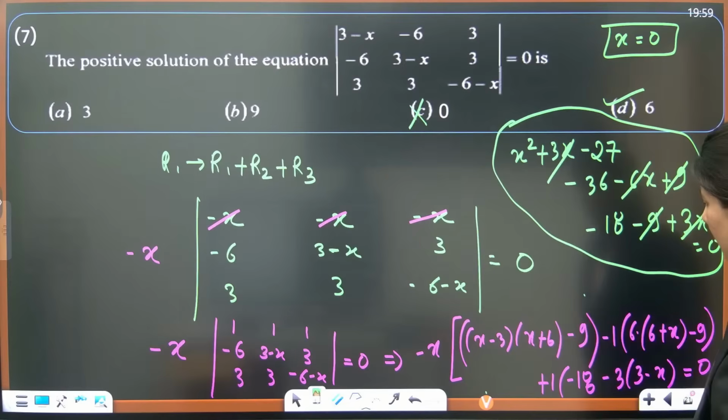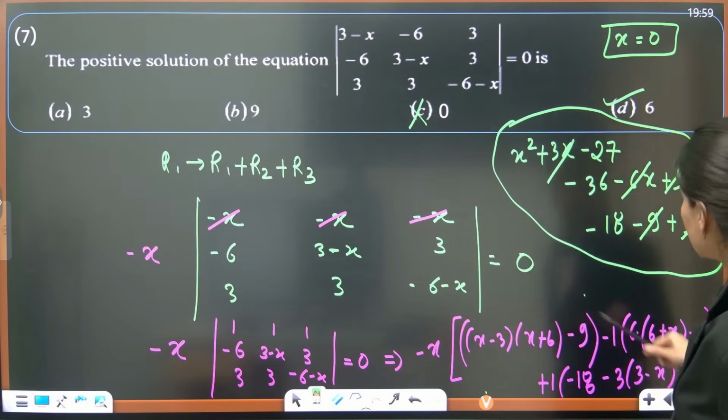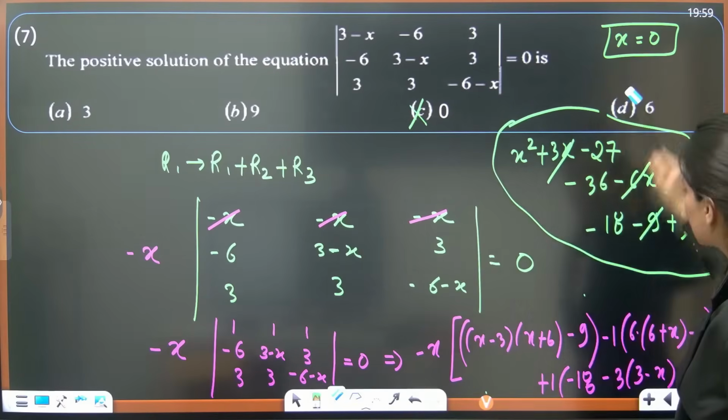Minus 18 and minus 9. Okay. So 6 is the correct, not 6. I don't think so 6 is the correct answer.